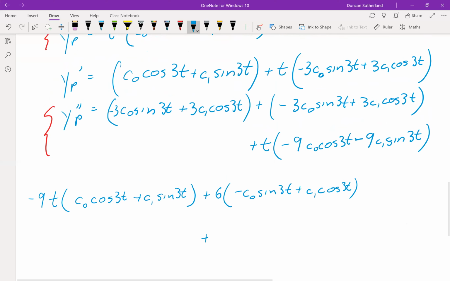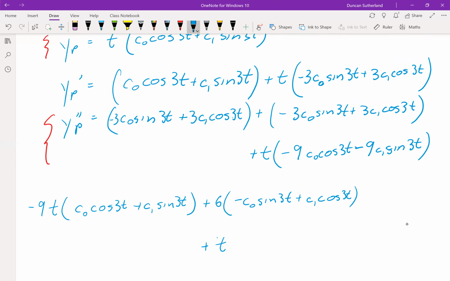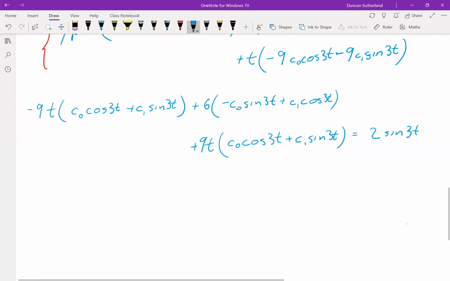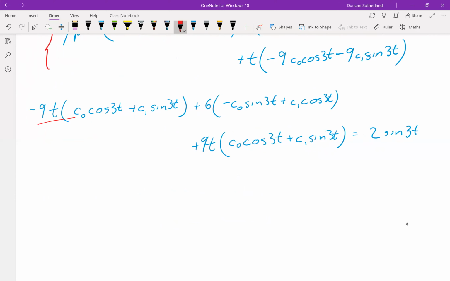Plus the y_P term. So it's 9 times the y_P term here. And we can see that it cancels with the leading term that we've got in the top line. All right, so boom, we're dealing with this thing.